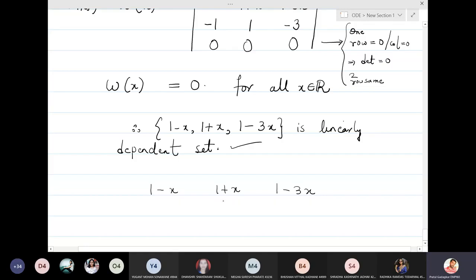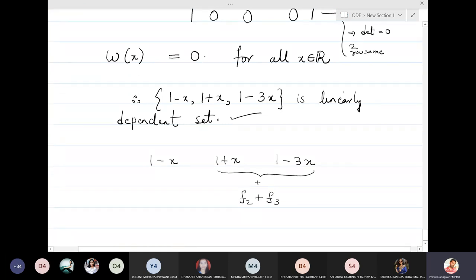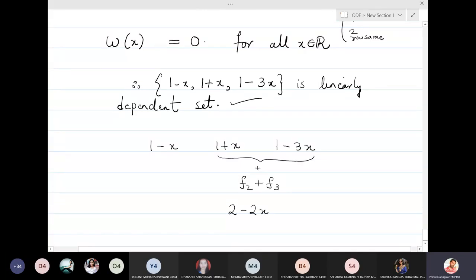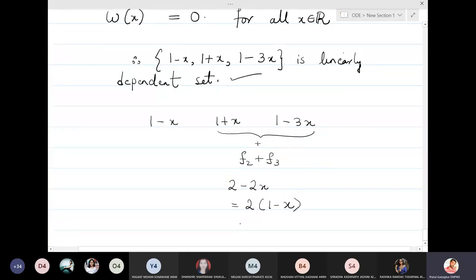What I observe is that if I add the second and the third function, f2 and f3, I will get 2 minus 2x, which is equal to 2 times 1 minus x, and that is equal to 2 times f1.